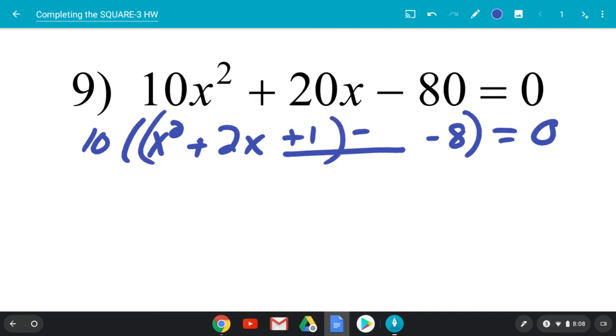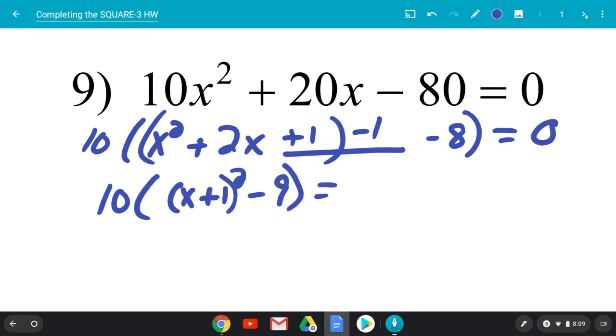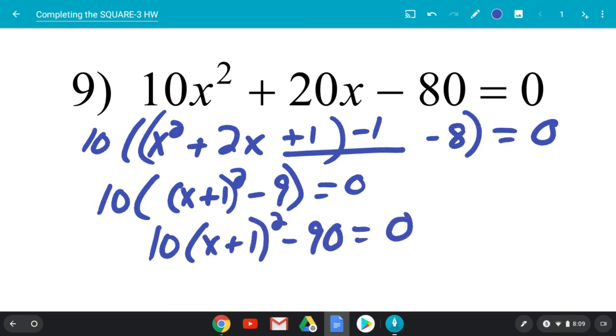So plus 1 minus 1. So I now have 10 times x plus 1 quantity squared minus 9 equals 0. Distribute the 10. 10 times x plus 1 quantity squared minus 90 equals 0. We got that one?